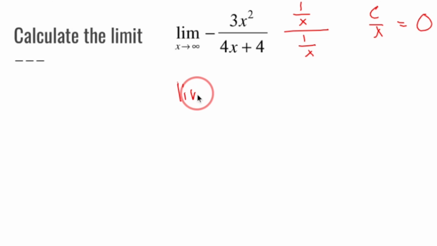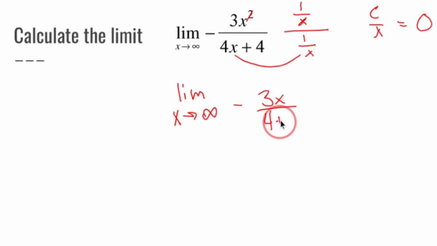So let's see what happens when I do that. I have the limit as x approaches infinity of negative 3x squared times 1 over x, which cancels out an x, so I get negative 3x, over, distributing, 4x times 1 over x, the x's cancel out, giving me just 4, plus 4 times 1 over x, which is 4 over x.